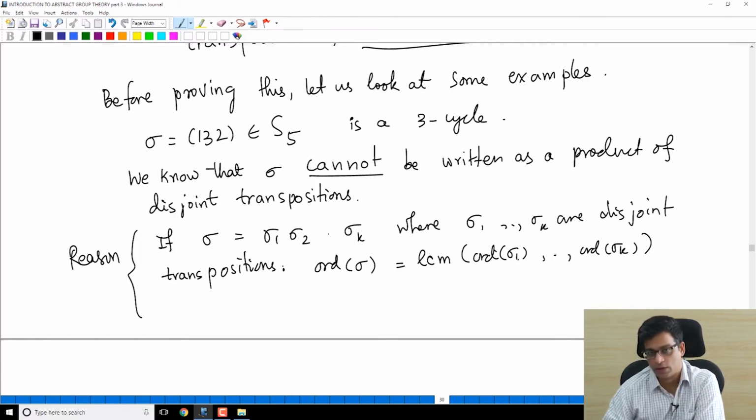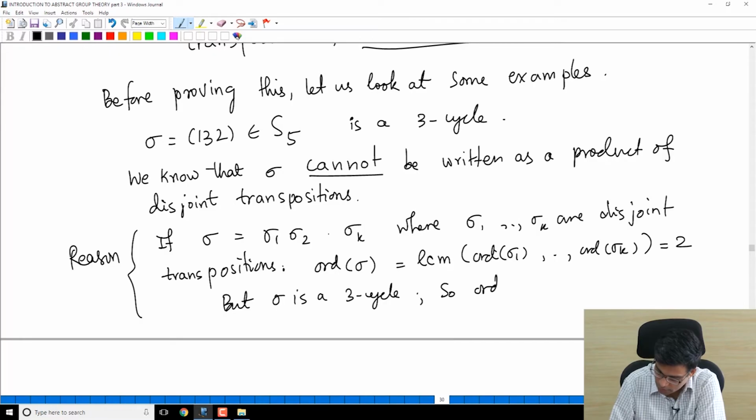But the order of each is 2, because they are all transpositions. So the order of sigma would be 2, because the LCM of 2, 2, 2, any number of times, is 2. But sigma is a 3 cycle.